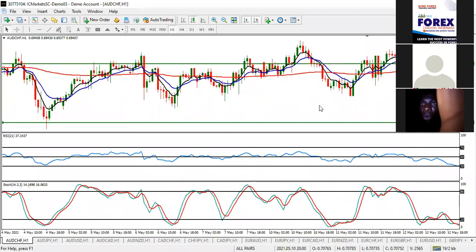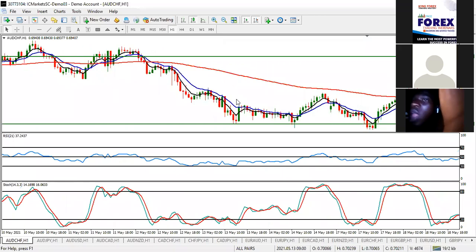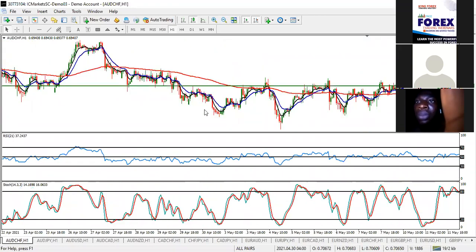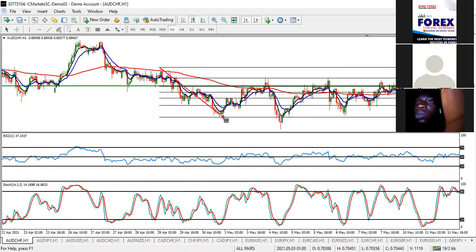All right, so guys, Fibonacci retracement is another good thing you want to start looking out for before you start using this strategy. And you will agree with me that Fibonacci retracement will always come in every trade cycle.